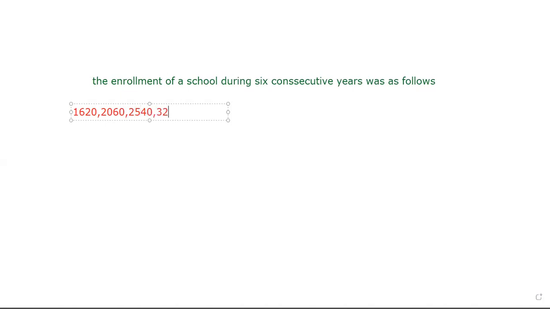Fourth year, it is 3250. After the fifth year, it's 3500. Seventh year, it is 3710. So if you look at the data, it seems the enrollment numbers are rising every year, which is pretty good. It would be a reputed school or something.